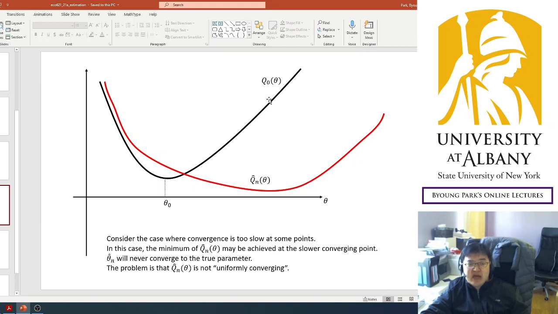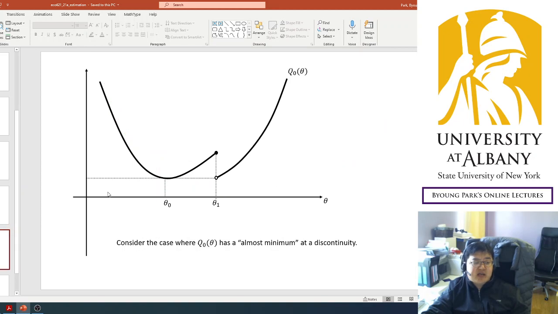So at some point the convergence is too slow, but at other points it's nice, it's fast. So because of these differences in convergence rates, your estimator may not converge to the true parameter, right? This is another case.